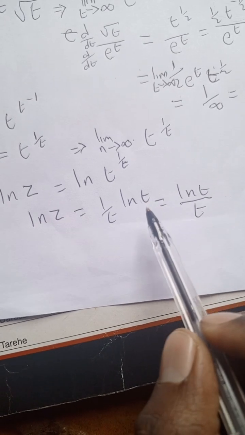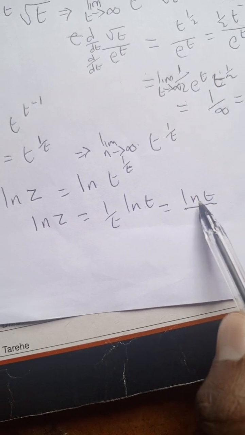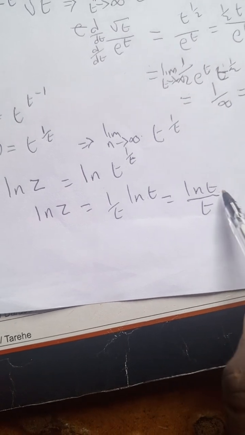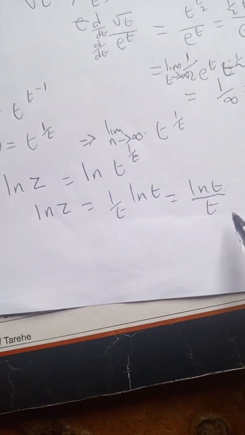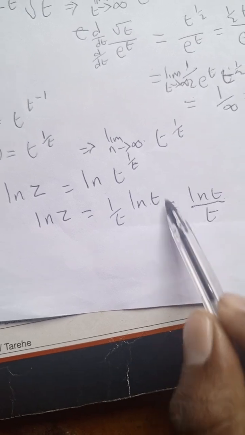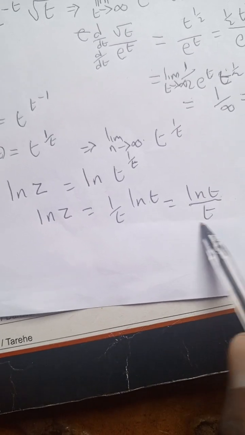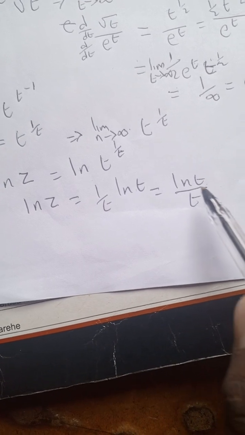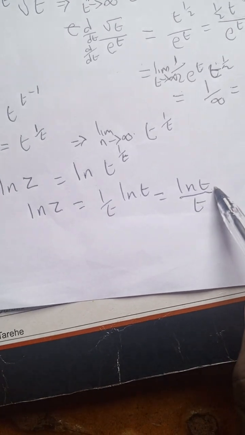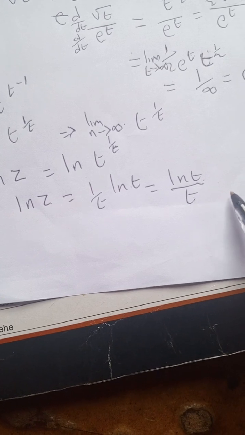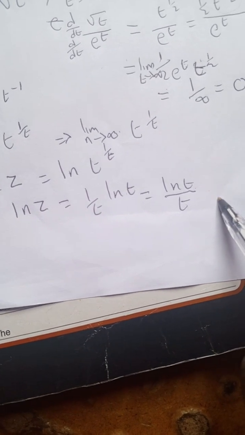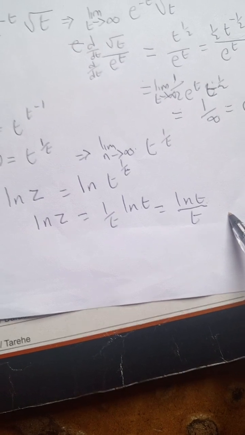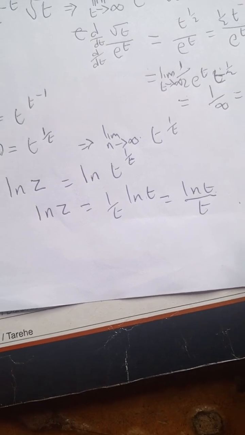Now when t is approaching infinity, for this expression, the top part is going to give us infinity, and the bottom part is still going to give us infinity, which will produce an indeterminate form. So here again, we need to use L'Hopital's rule.